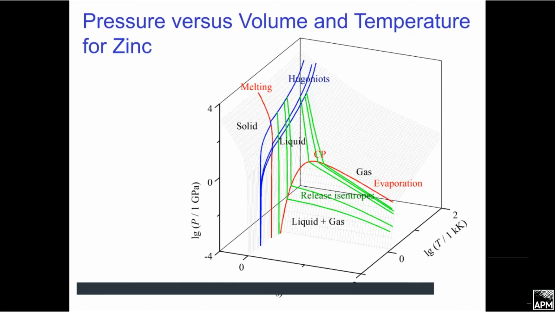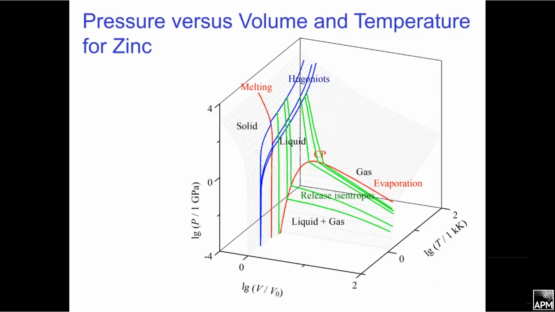Red lines here show phase boundaries, the melting curve, and evaporation with the critical point. Blue lines are shock adiabats of solid and porous samples of metal, zinc, for example. Green lines are release isentropes.